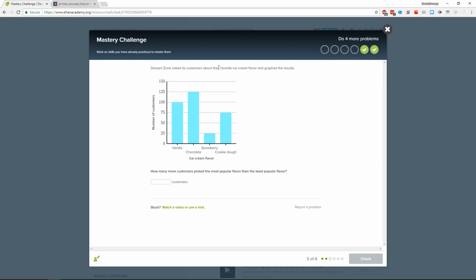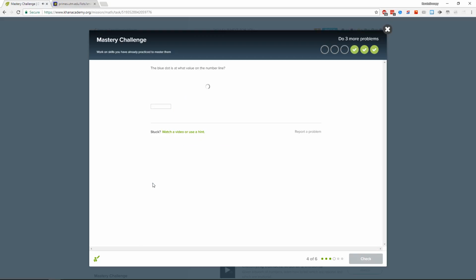Asked its customers about their favorite ice cream flavor and graphed the result. How many more customers picked the most popular flavor than the least? 100. The blue dot is on what value?